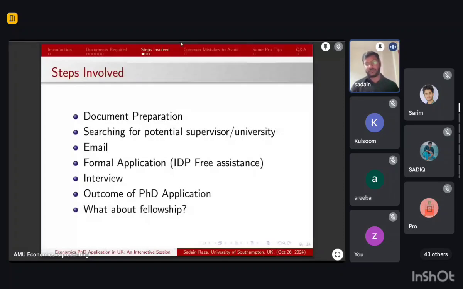Then comes email, that now you have selected 15 professors to whom you want to send an email. How to write that email? It is really important, because a supervisor gets email from 100 people. Maybe he's teaching a batch this semester that is having 80 students in it, and he is getting one email per day from one of the students asking some question.